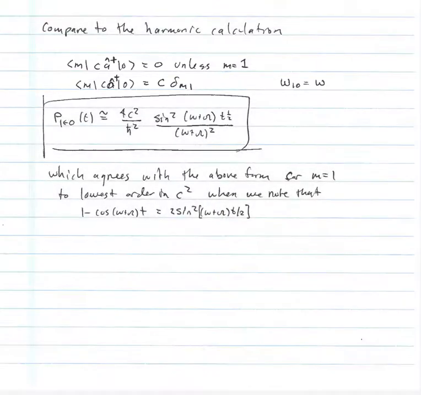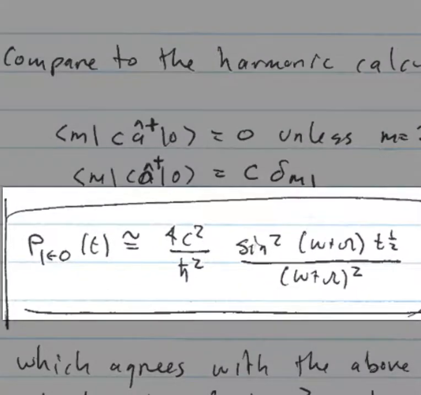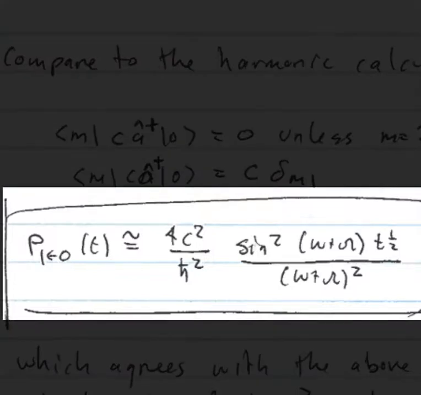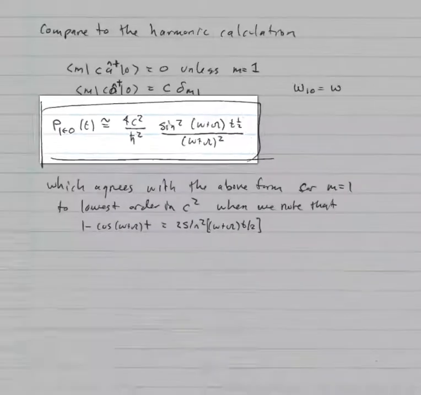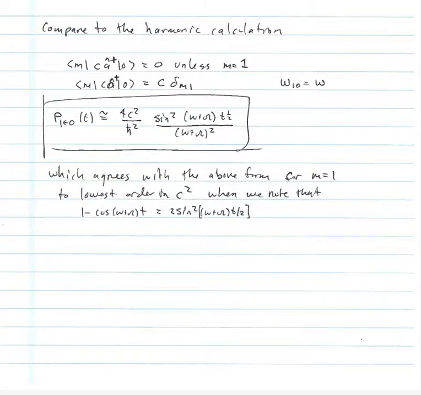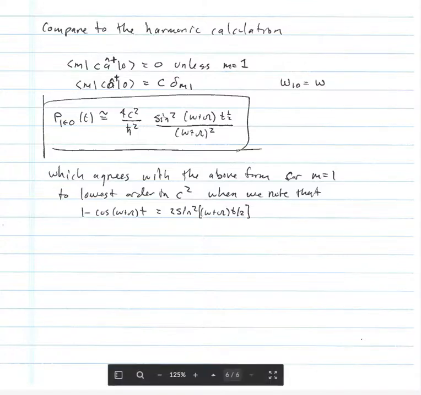So we plug into our time-dependent perturbation theory formula, and I strongly recommend you do that, and you'll get 4c squared over h bar squared sine squared of little omega plus big omega times t, times a half, over little omega plus big omega squared. And this agrees exactly with the form that we have above for m equals 1 when we do a lowest order expansion in c squared.